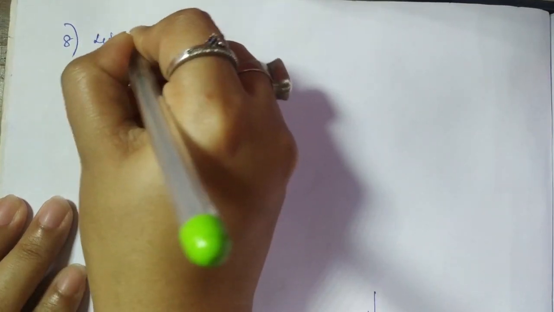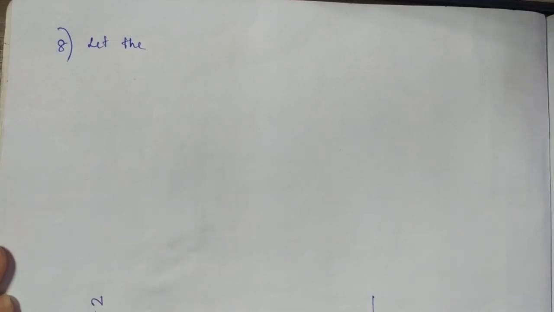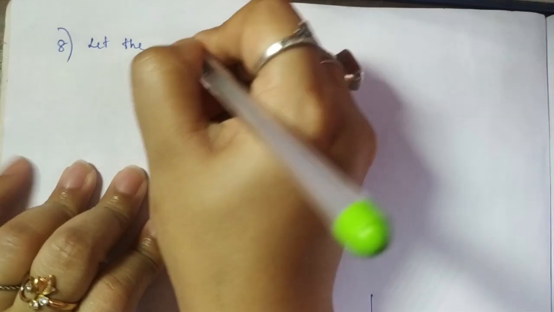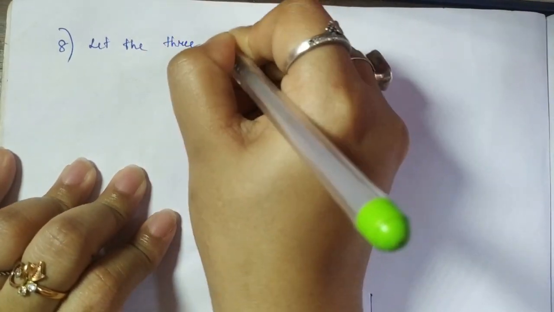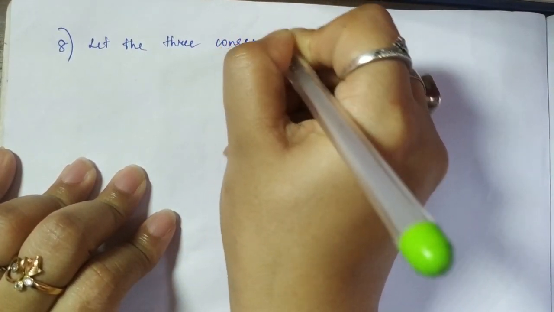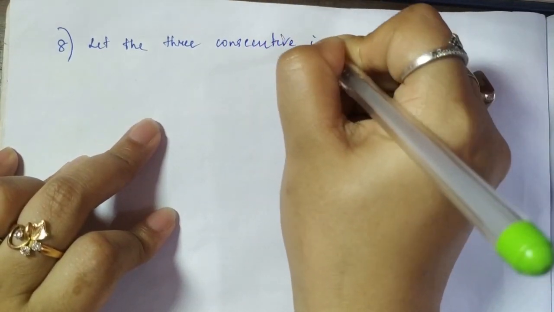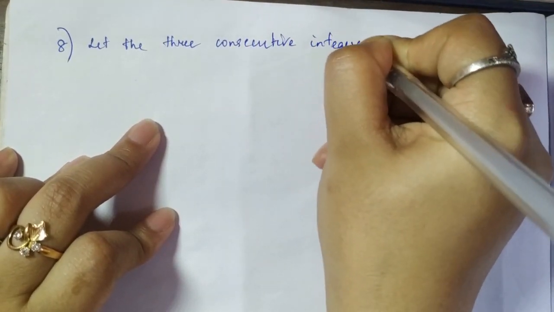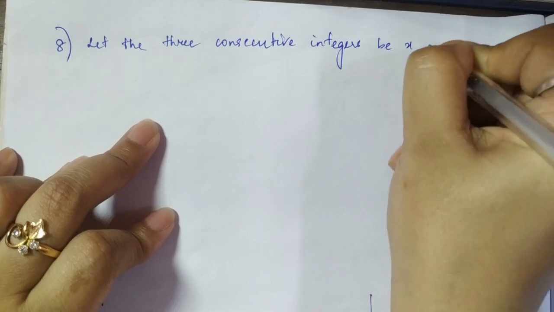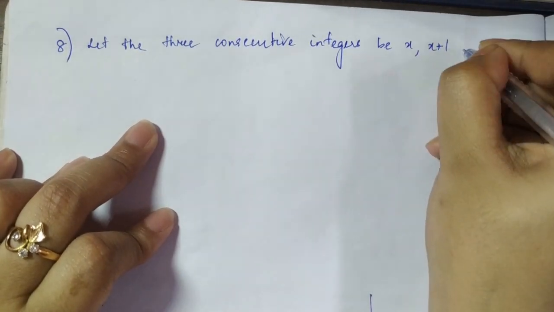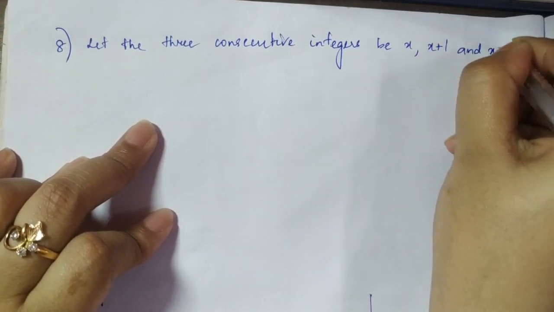First, let the 3 consecutive integers be x, x plus 1 and the third one be x plus 2.